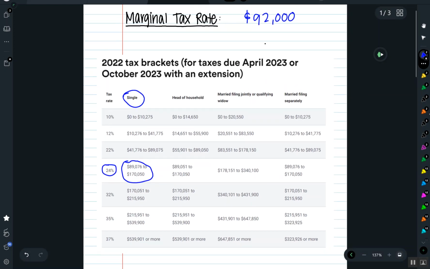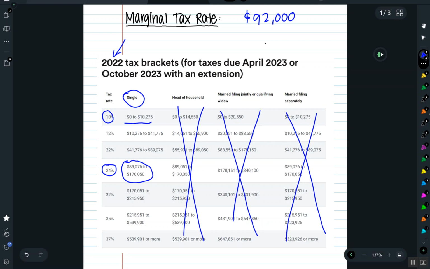Okay, you only pay 10% on the first $10,275. Now this is just a tax bracket I got for this year. The one in the assignment's probably a year or two older, so you're not going to use this one, but this is a good example. Okay, and we're not going to look at head of household and married and all that.